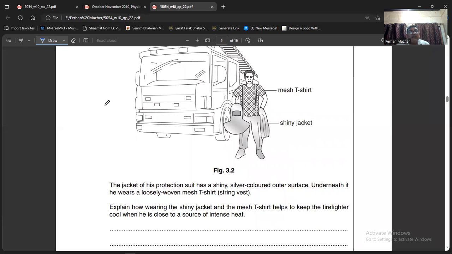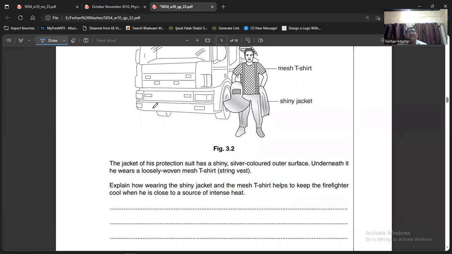Underneath it, he wears a loosely woven mesh t-shirt, string vest we call it. Explain how wearing the shiny jacket and the mesh shirt helps to keep the firefighter cool when he is close to a source of intense heat.